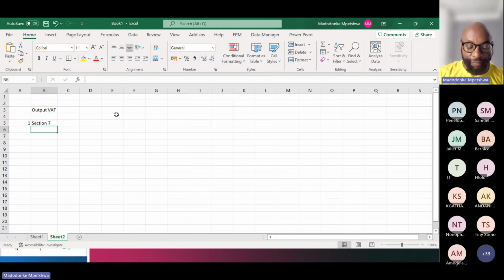As an example, if we look at something like Section 12, which is exempt supplies, as you can see, it says subject to the exemptions.